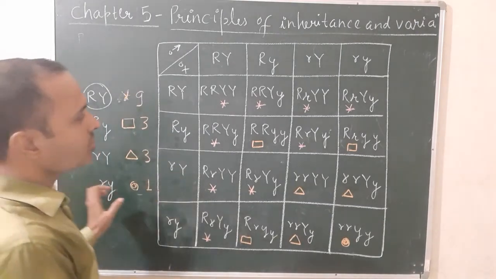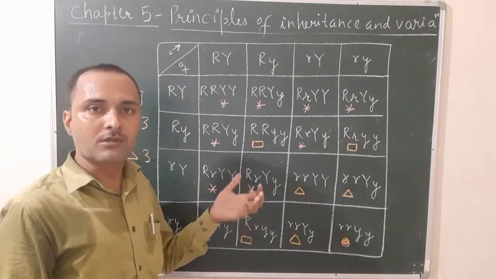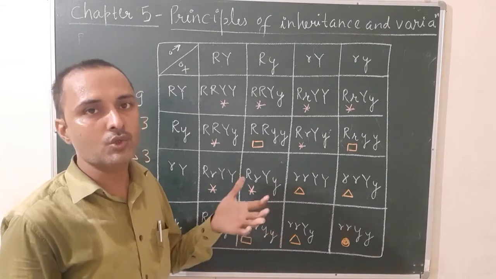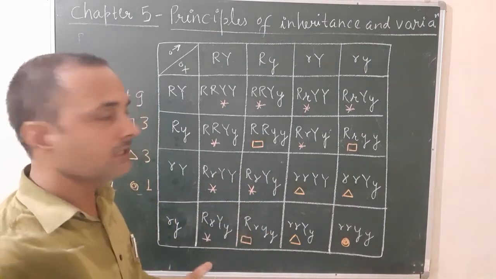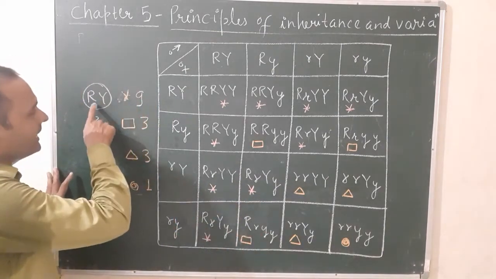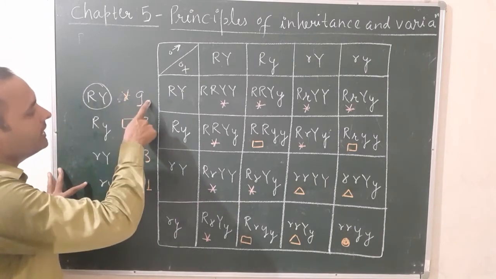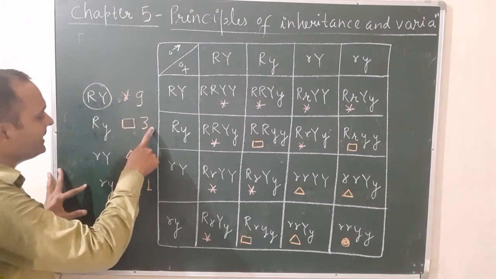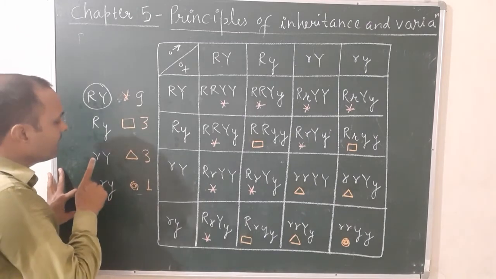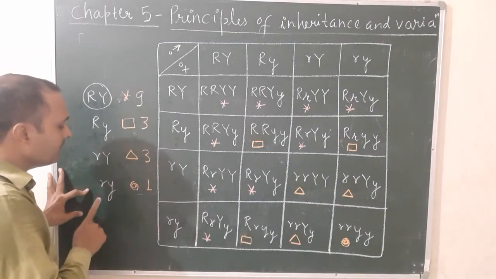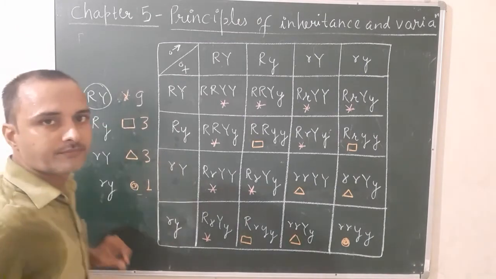So the phenotypic ratio will be 9:3:3:1. Out of 16, 9 will be round and yellow, 3 will be round and green, 3 will be wrinkled and yellow, and only 1 will be wrinkled and green.